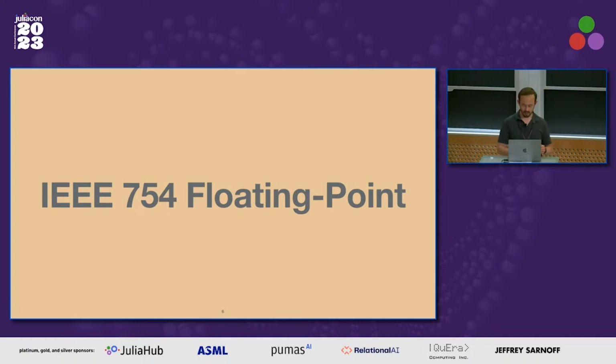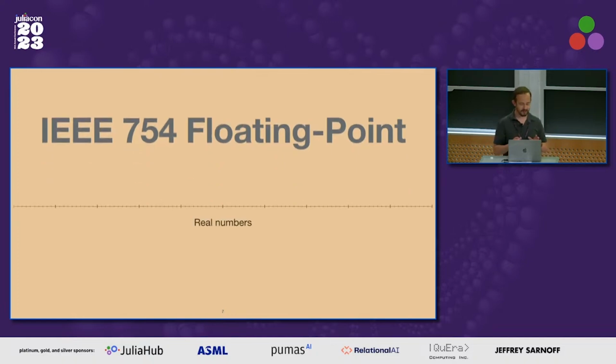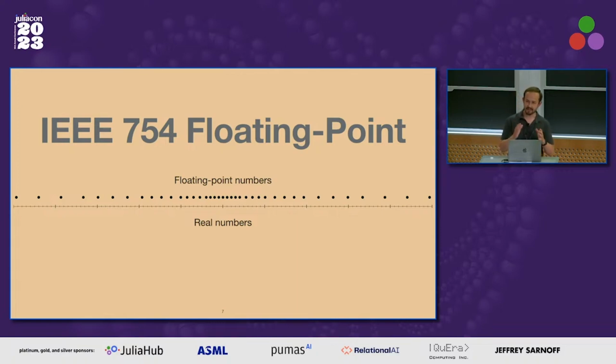What are those? Well, first we need to remember that floating point numbers are a discrete and finite approximation of real numbers. Compared to the continuous real number line, floating point numbers are discrete points along this region. And there's always some gap between the real values that we want and the values that we can represent in floating point.